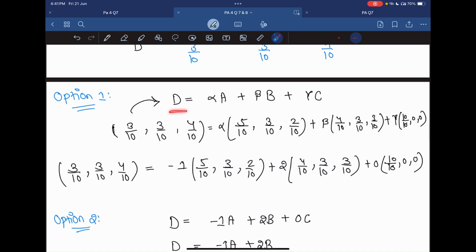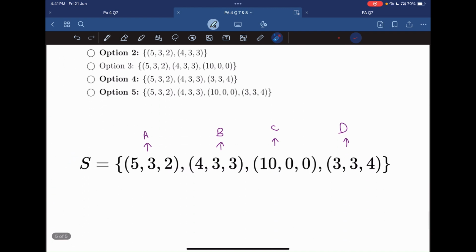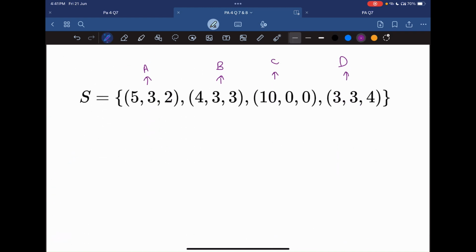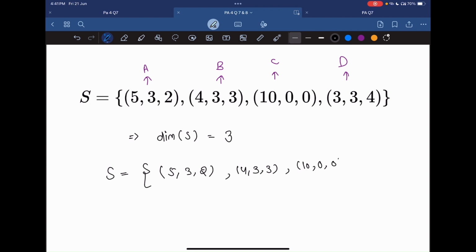We can write D as -1 times A, 2 times B, plus 0 times C. So from this, we get that the dimension of S would be 3, and S can be spanned by the vectors 5, 3, 2, 4, 3, 3, and 0, 0. So this can serve as a basis for S.